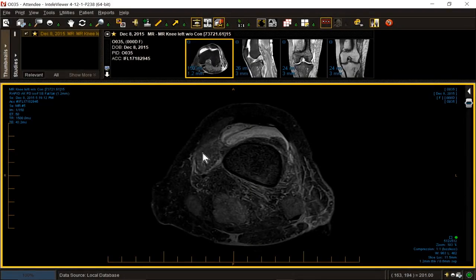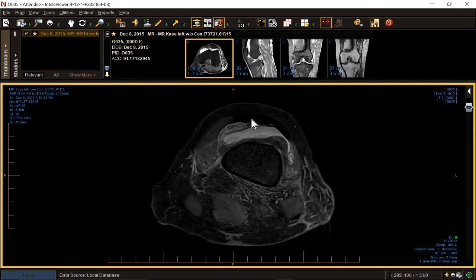Okay, this is a patient that had a fall in December of 2015, December 2nd, so 6 days earlier. The patient is 44, a woman.